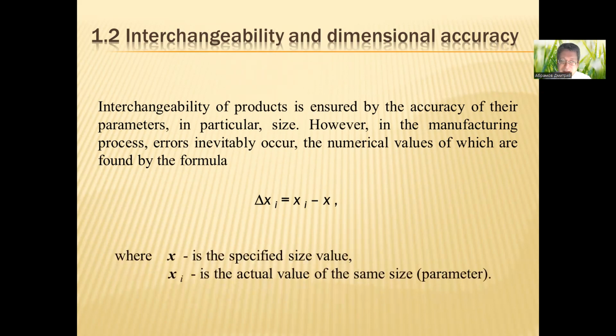Delta x suffix i is equal to x suffix i minus x, where in this formula x is the specified size value and x suffix i is the actual value of the same size or parameter.